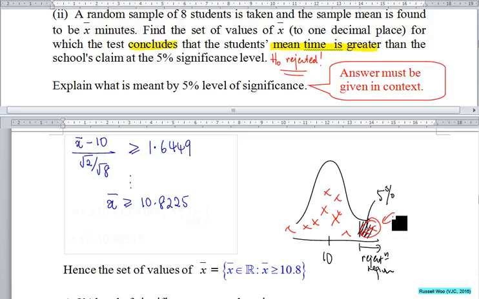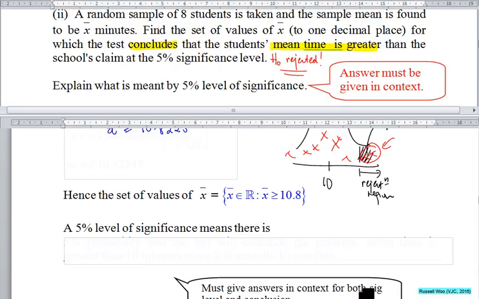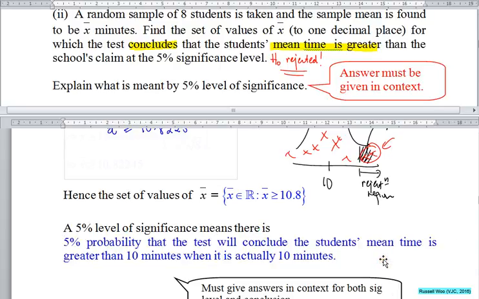Whenever they ask you for the meaning of level of significance, you conclude in context. It means that there's a 5% probability that the test will conclude the mean time is greater when it actually is 10. Means in actual fact, H naught is true, but you made a wrong conclusion.